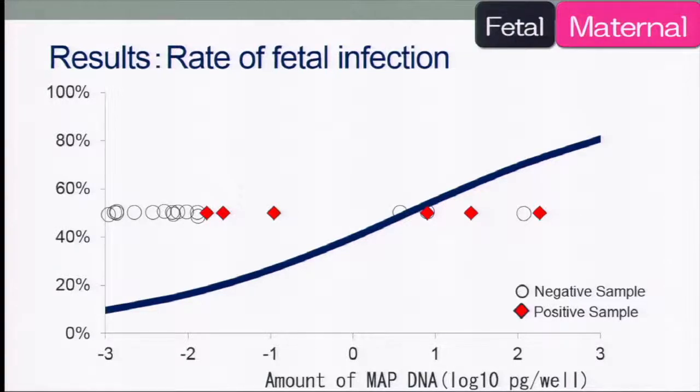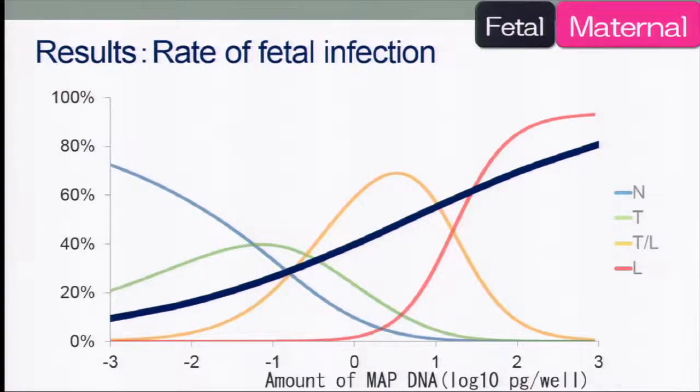This slide shows the rate of fetal infection based on the amount of MAP DNA in maternal feces. The rate was calculated using the binomial logit model, and it indicates fetal infection rate increases with the amount of MAP DNA detected.